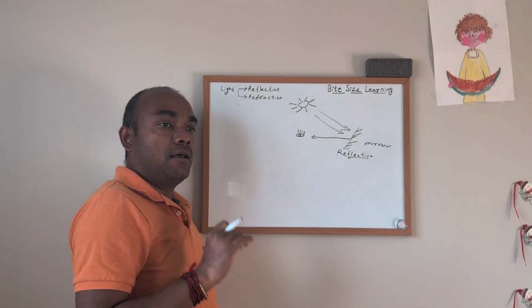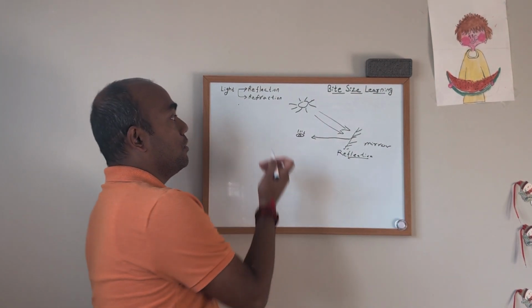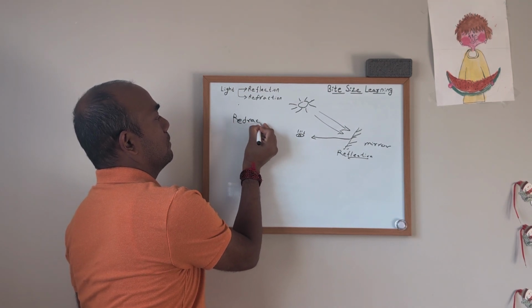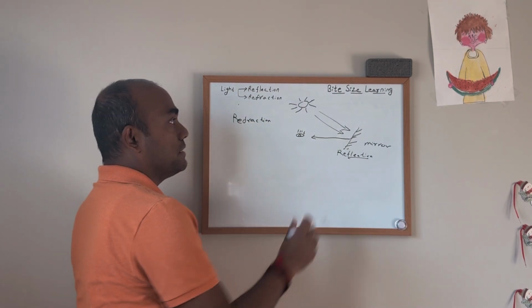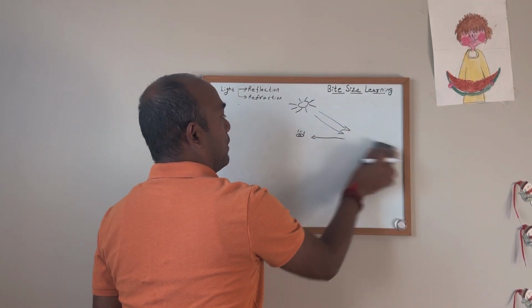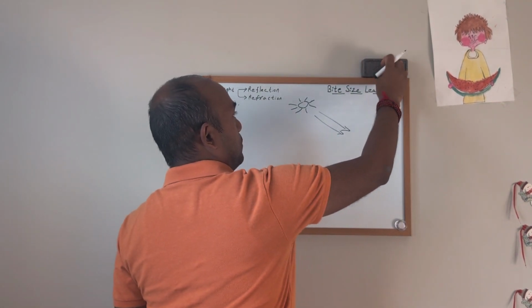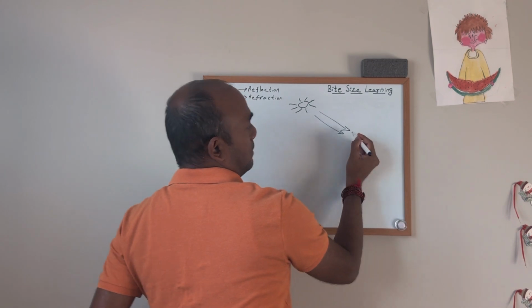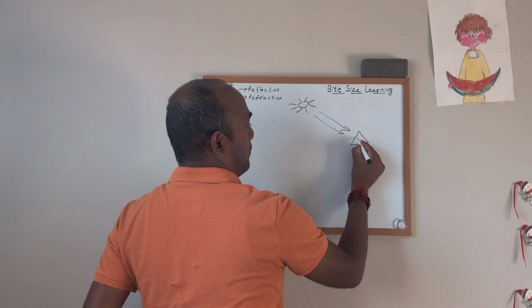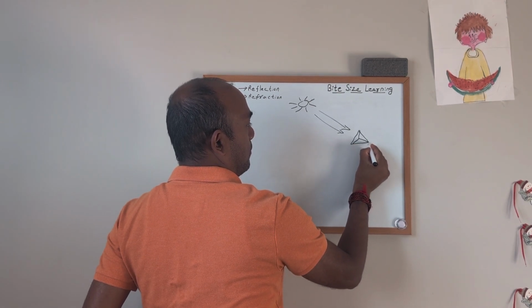Now the second phenomenon is refraction. Let's say you have an object, let's say a triangular prism, right?